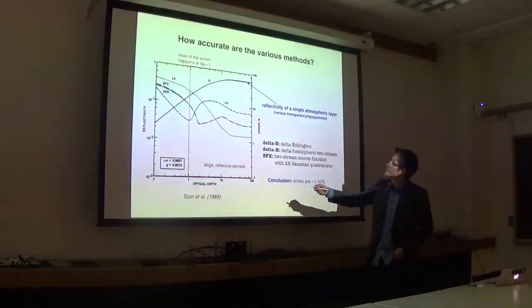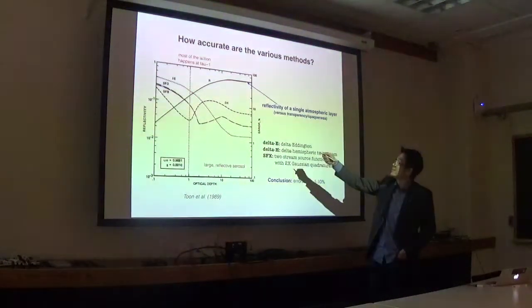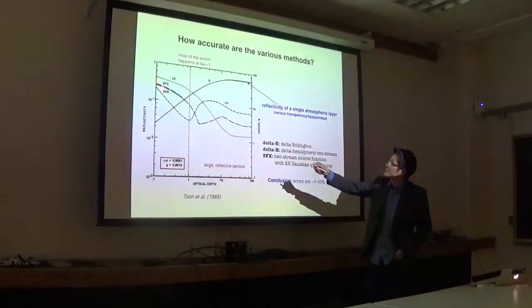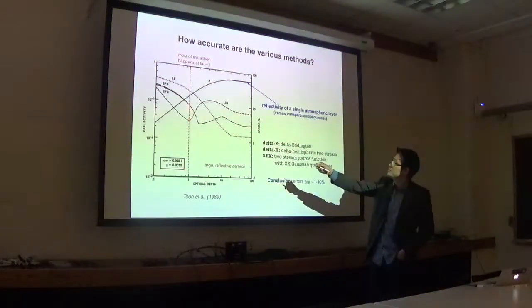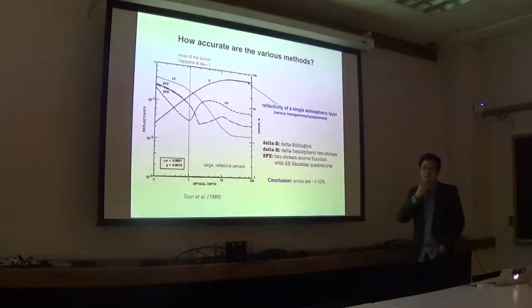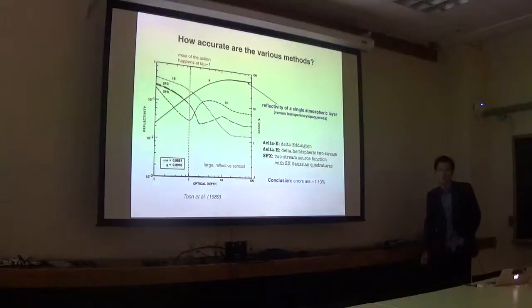At optical depth roughly 1, for a single layer, the delta Eddington has a surprisingly large error, about 20%. The delta hemispheric does quite well, between 2 and 3%. And the 2-stream source function approach has an error just below 10%. The conclusion, at least in this case study, is that the errors are between 1 and 10%.